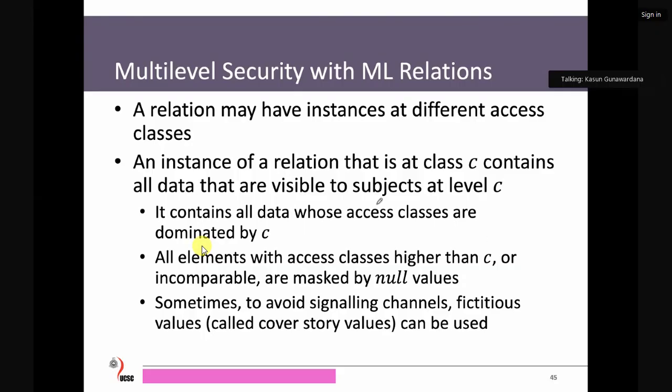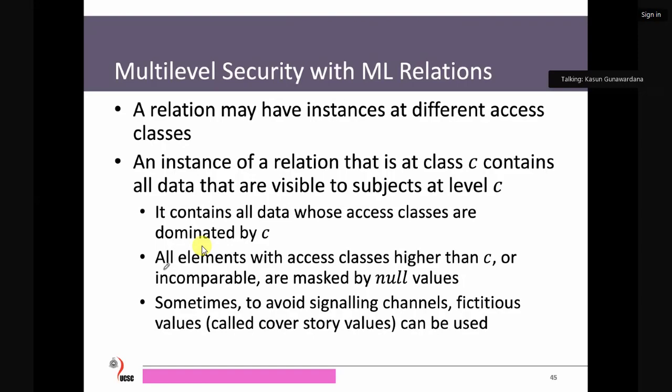An instance of a relation at class C contains all data that are visible to a subject at level C. Right? So it contains all data whose access classes are dominated by C. Dominated by C means either the data are at level C or lower than C, right?